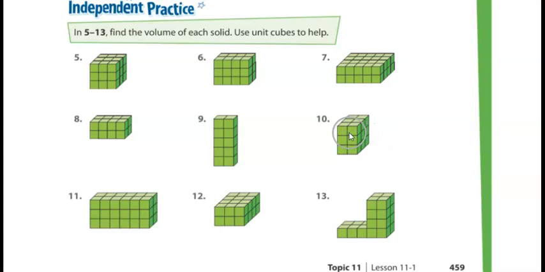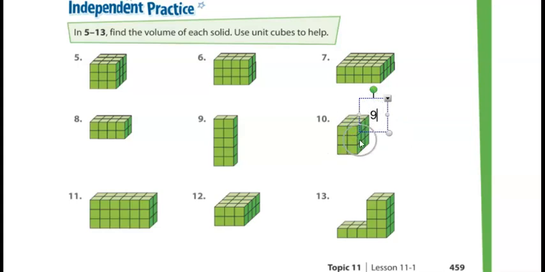So the first thing I want to start with is just figuring out what this space represents. So let's count the faces that we can see. So the faces are these portions right here. So 1, 2, 3, 4, 5, 6, 7, 8, 9. So we know we have 9 boxes or cubes, and then that's done 2 times.